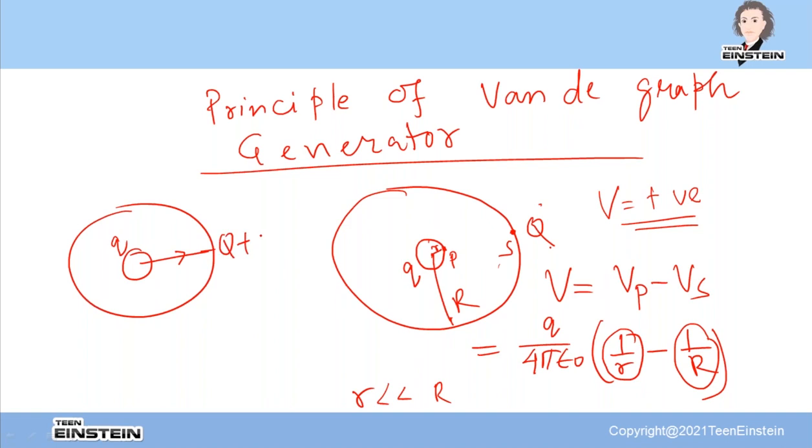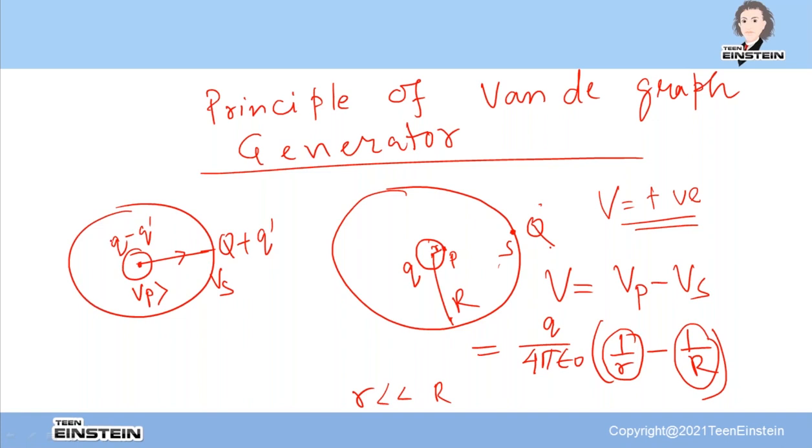So this is how, if you have a small sphere inside a capital spherical cell, as much as you put the charge on the small sphere, that will actually flow to the outer spherical cell, and that will get distributed uniformly over the surface of the outer spherical cell.